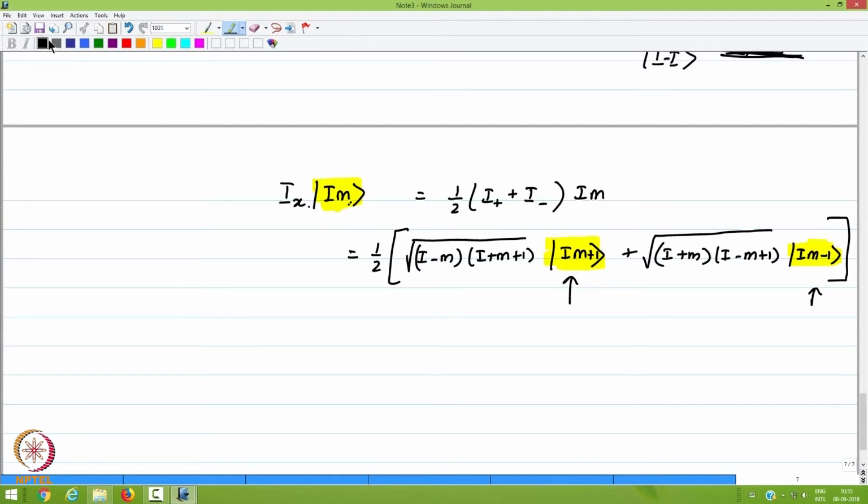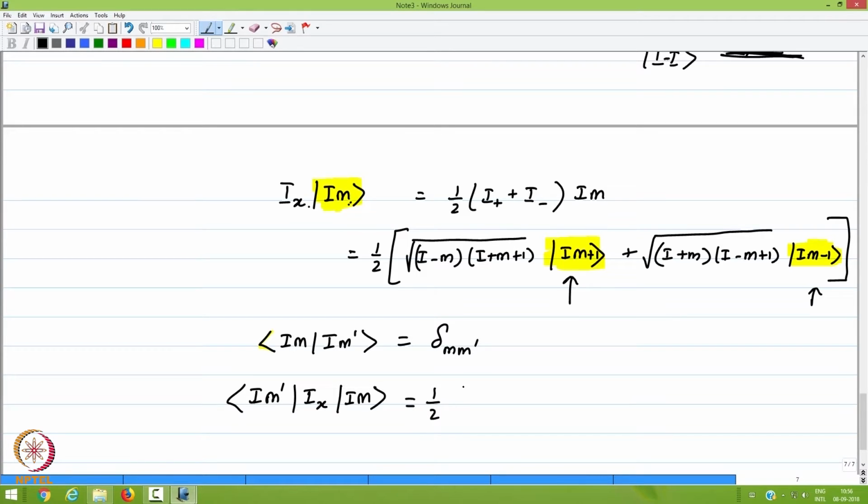Therefore, recalling that the states im and im prime are orthogonal, delta m prime, it is immediately possible for us to write that if I write im prime ix im, I will get the result, namely delta m prime, m plus 1, square root of I minus m, I plus m plus 1.